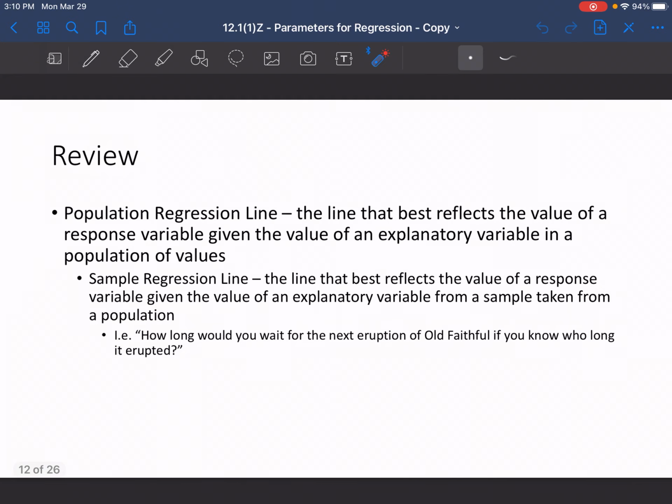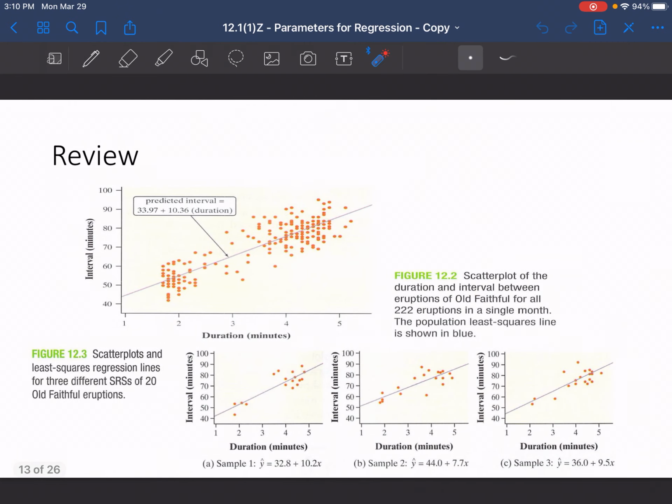So if you think back a couple chapters ago, you remember that we took a sample to try and make an inference or a prediction about a particular population.